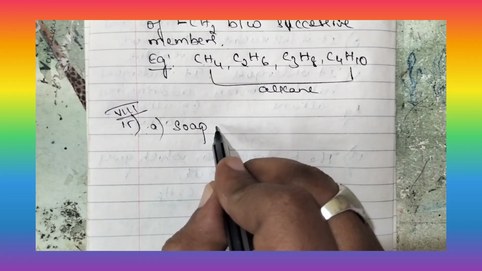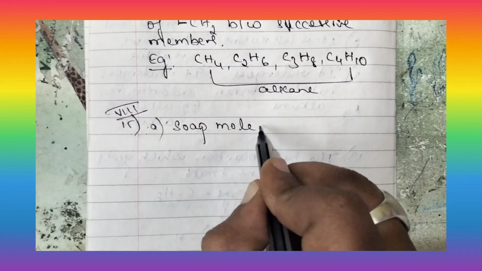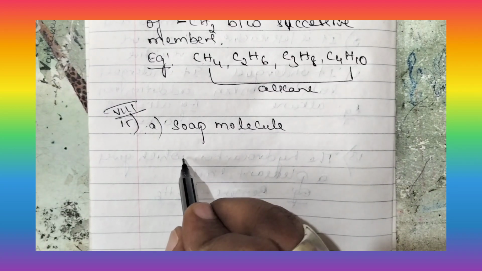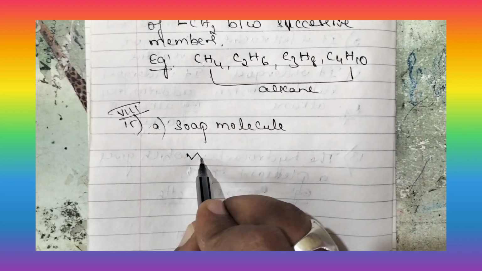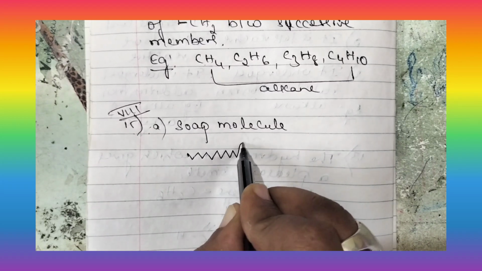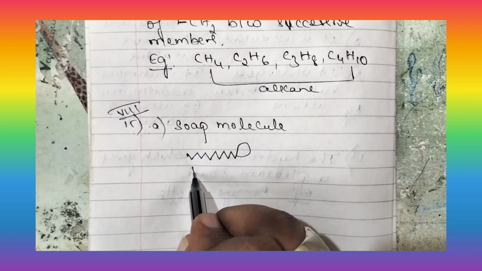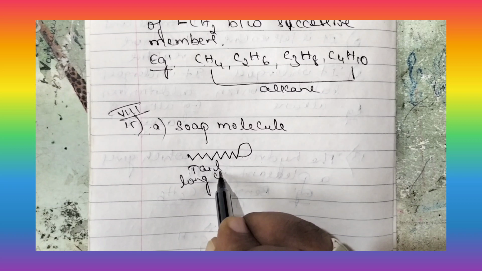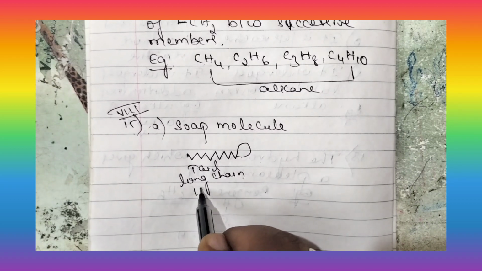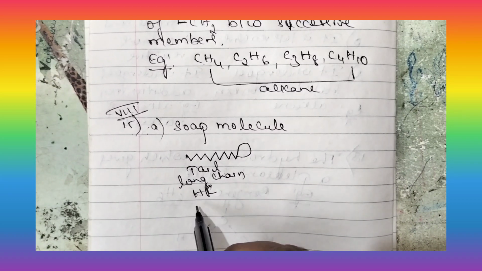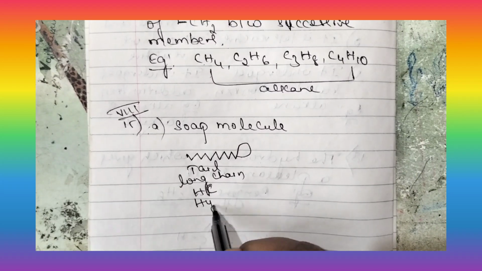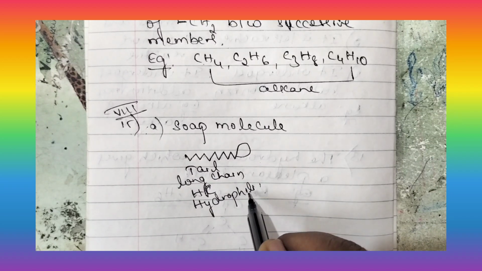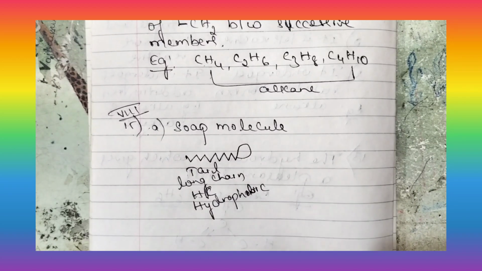First one is the soap molecule. So how the soap molecule looks, that we have to explain. This is the tail part, and this tail part contains a long chain hydrocarbon, and this tail part is always hydrophobic, not philic, hydrophobic.